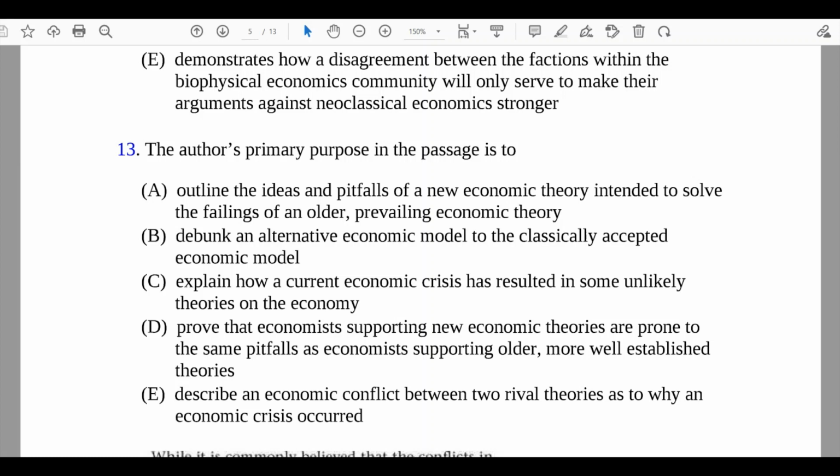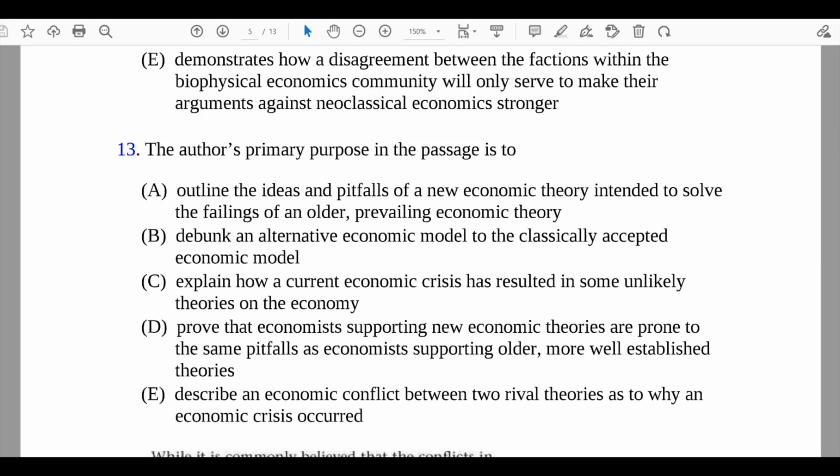The last question belongs to this passage. The author's primary purpose in the passage is to: A, outline the ideas and pitfalls of a new economic theory intended to solve the failings of an older prevailing economic theory. B, debunk an alternative economic model to the classically accepted economic model.